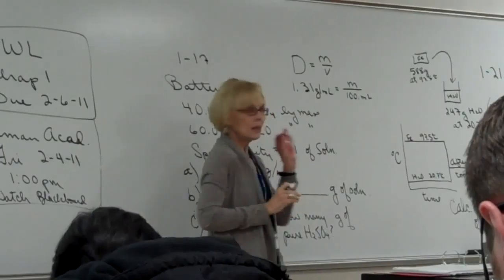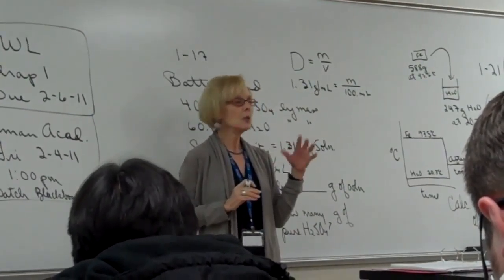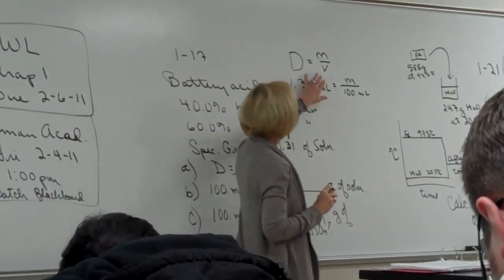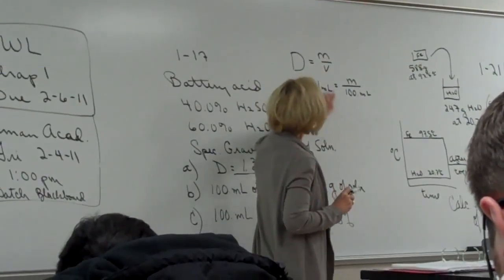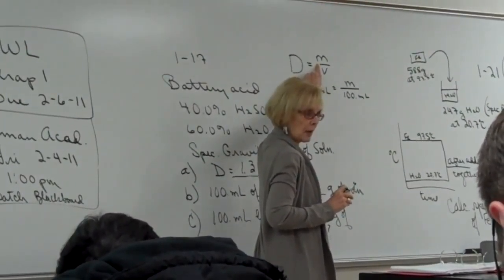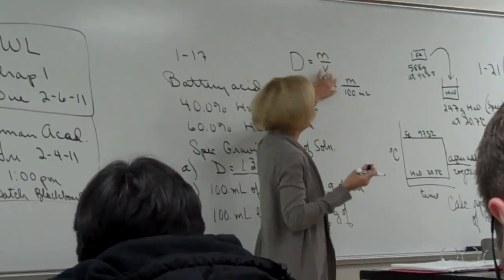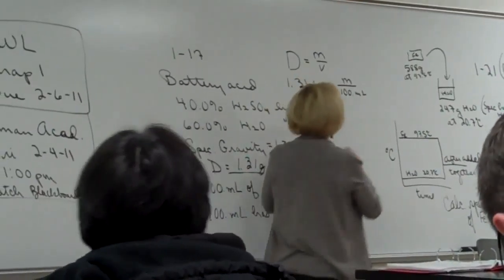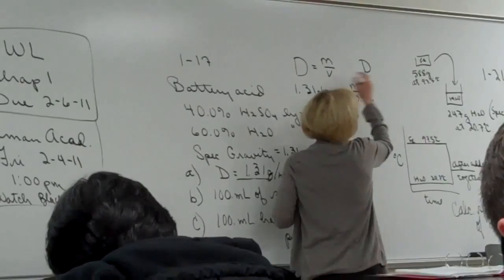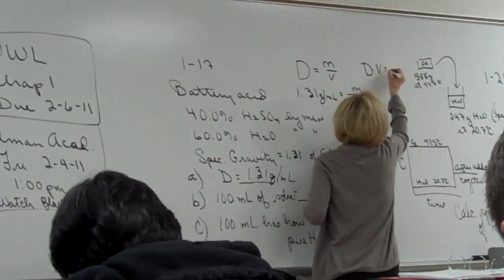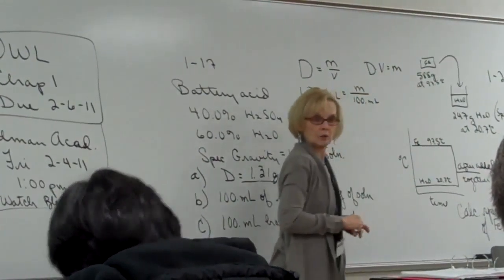Okay, now, again, there's a couple of ways to approach this. Do it whichever seems better to you. If you like to take this, and you know you got to solve for M, well, you want M standing alone. You could take it as the symbols, multiply both sides by V, so that M stands alone.